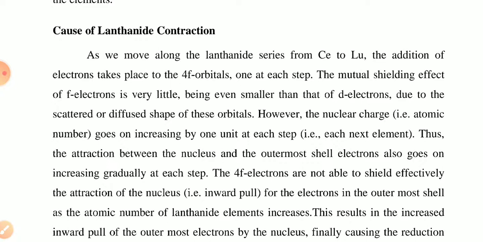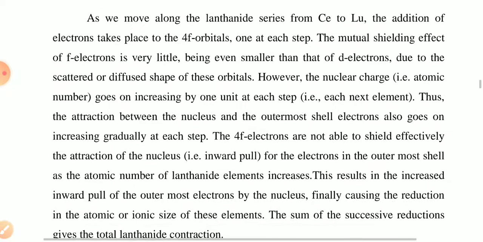Thus, the attraction between the nucleus and the outermost shell electrons goes on increasing gradually with each element. The 4f orbitals are not able to shield effectively, so the electrons are attracted inward to the nucleus. They feel the inward pulling.